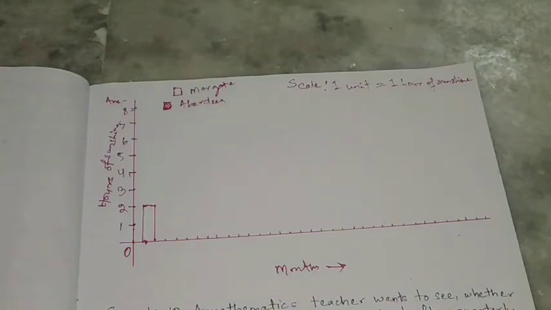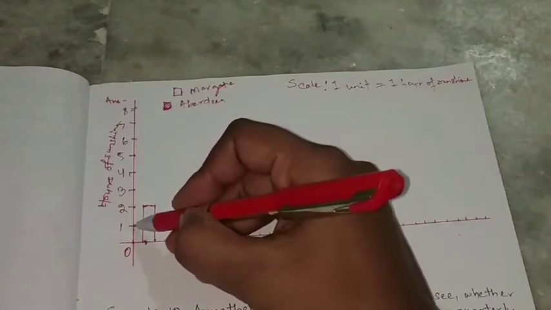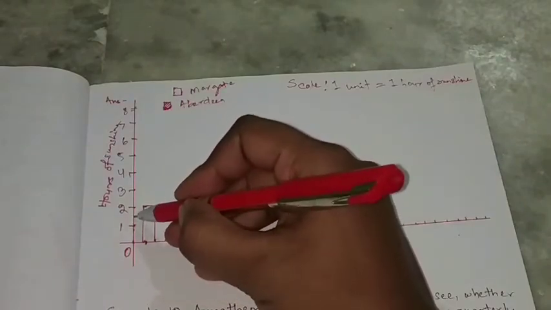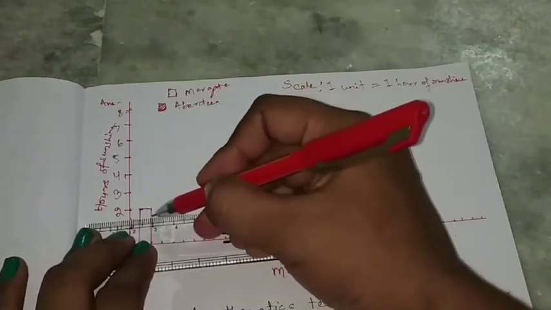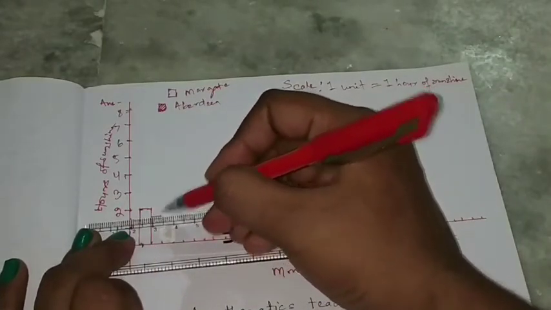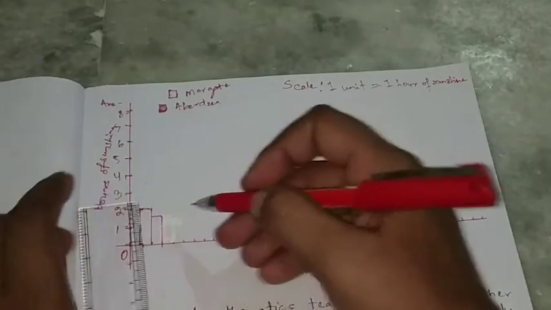Then in Aberdeen, in January only, in the same January, the average hours of sunshine in Aberdeen is what? 1.5. 1.5 means 1 this much and half. So I'll take marking here, so I can easily make the line and join this one.